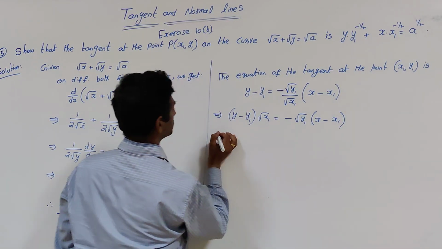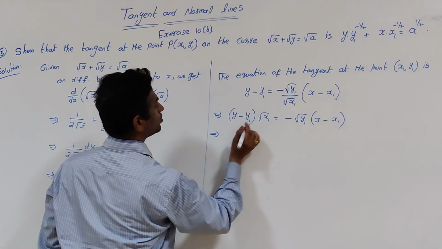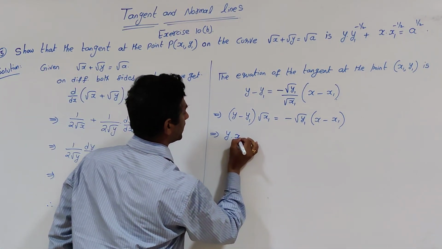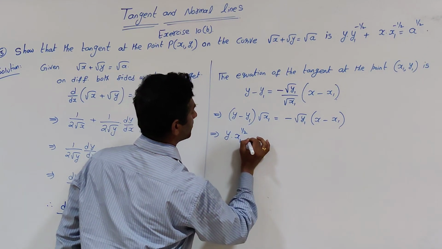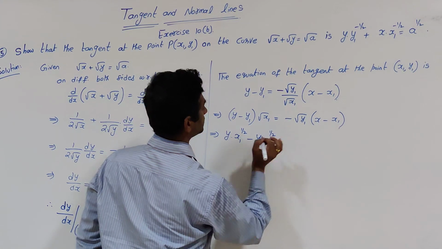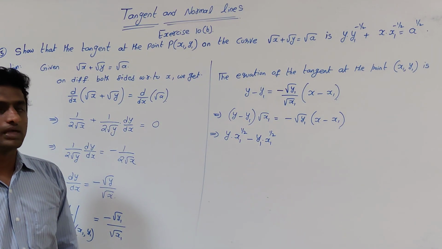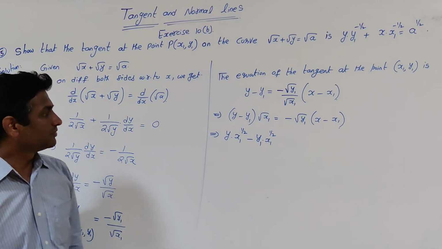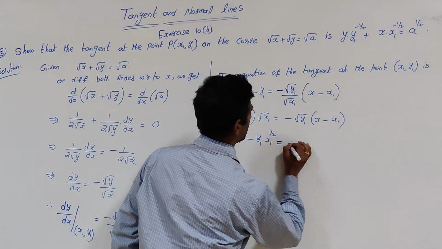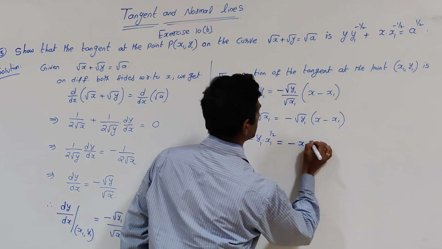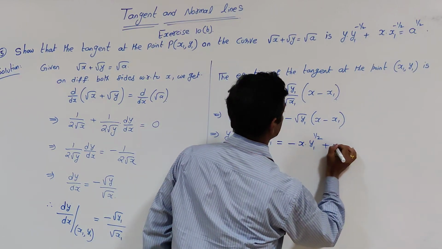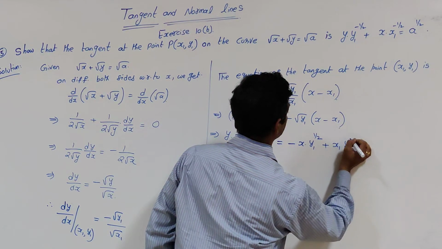So y into root x1, which can be written as x1 to the power of 1 by 2, minus y1 into x1 to the power of 1 by 2. I have just removed the root, and in the place of root I have written the power 1 by 2. Then minus x into y1 to the power of 1 by 2, minus into minus plus x1 into y1 to the power of 1 by 2.